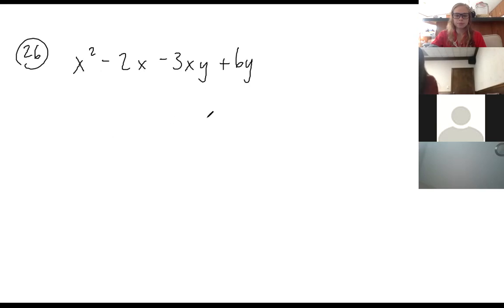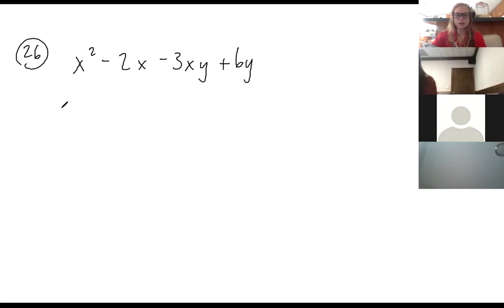If it's 4 terms, I can't go straight to just factoring stuff. What do I have to do? Right, the regroup.